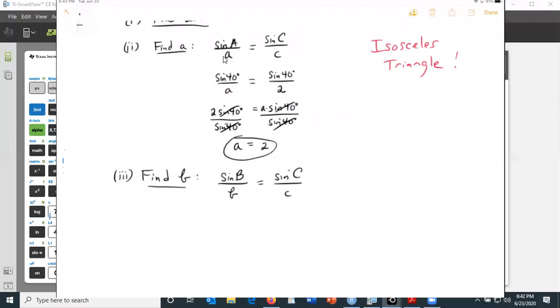All right. So now if we fill in the three numbers, angle B is 140. Side B, we don't know. We're finding it. And then the C's, we already did that up here. That's the sine of 40 over 2.